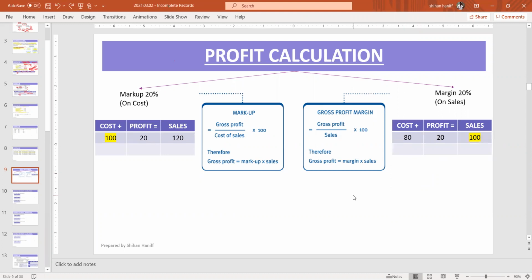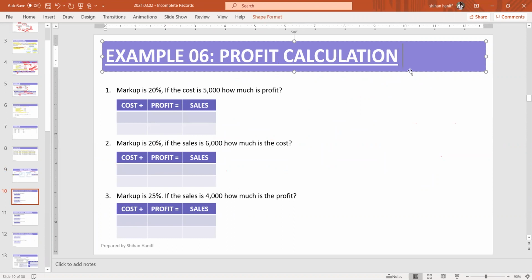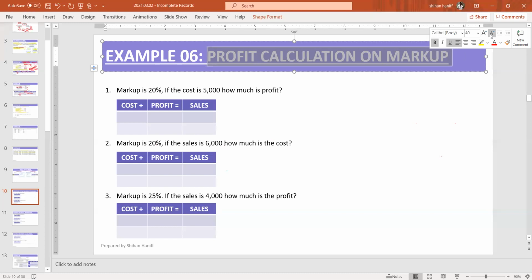Right. Now let's do a question. Example 6, profit calculation on markup.